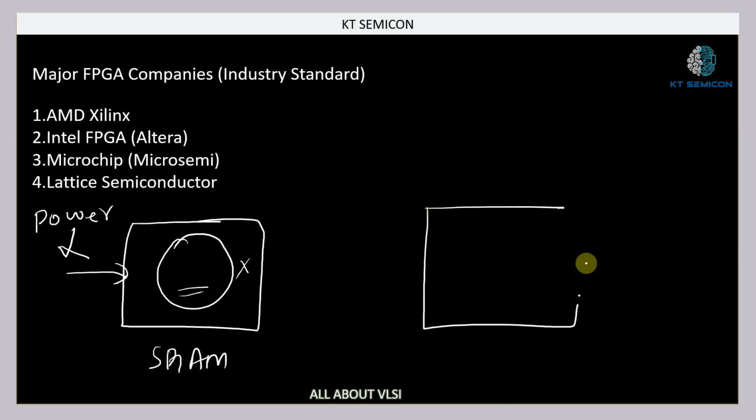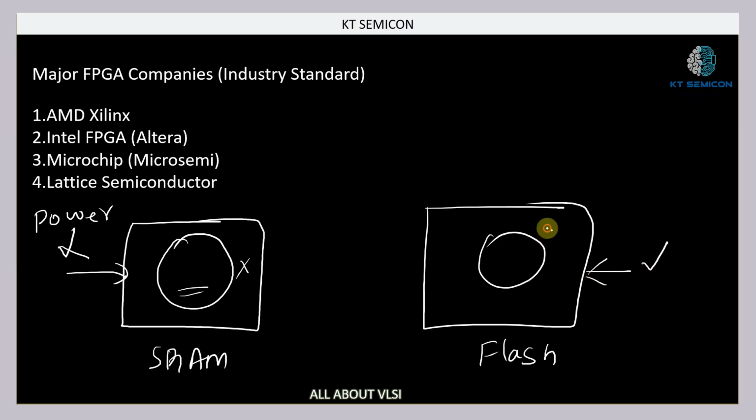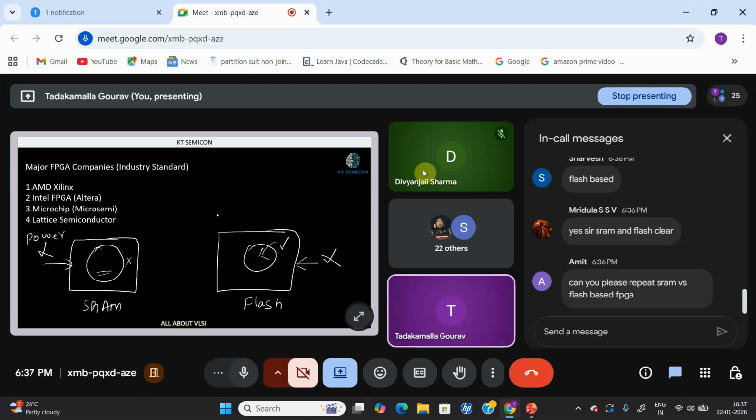Whereas in the case of flash based FPGAs, whenever you have applied the power and stored any configuration data into the FPGA, and if you remove the power, this configuration data will not be removed. It will stay. And when you repower it, the old configuration file which you have stored inside this FPGA will be used. Is it clear, Amit?